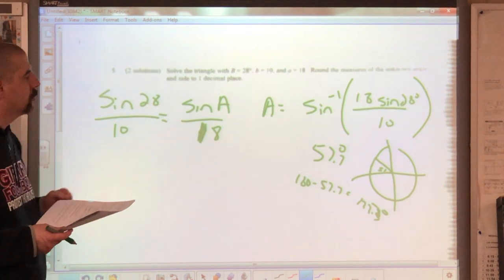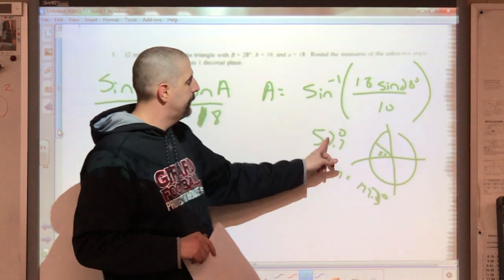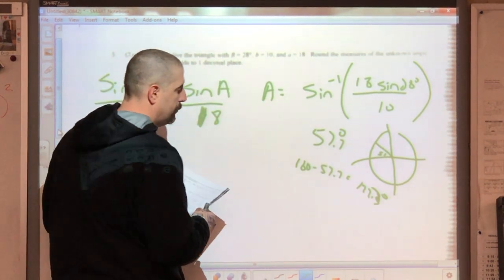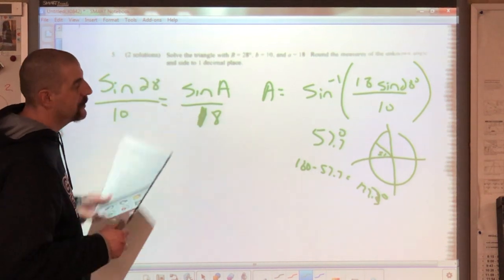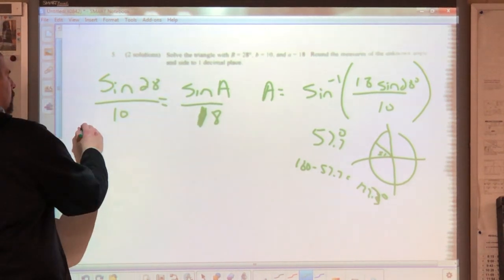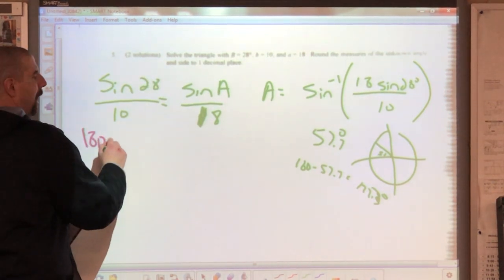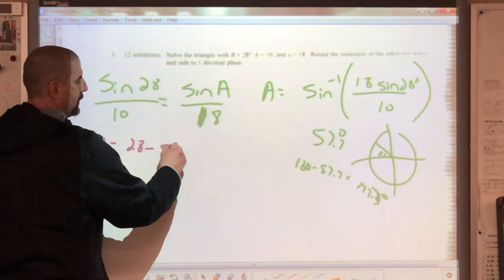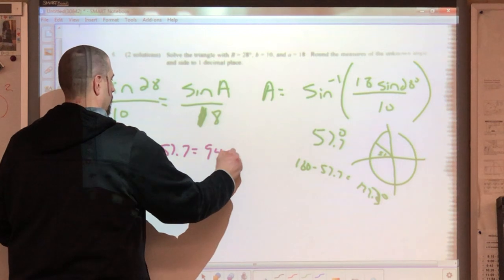It says solve the triangle. So now we have two answers. We have 57.7 and 122.3. So this has two answers. Let's see if it works. So we're going to take 180 minus 28 minus 57.7, and you're going to get 94.3.